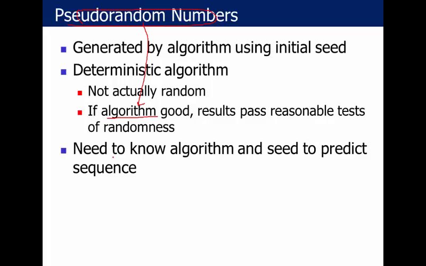Usually a random number can be generated by some probabilistic distribution function, right? Poisson distribution functions. The simple distribution function is what? Uniform distribution function, right?